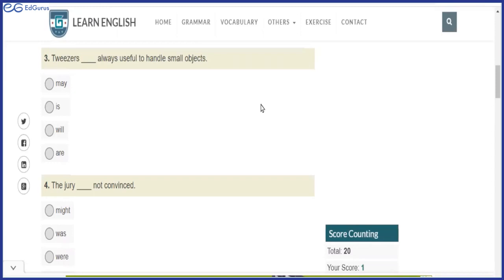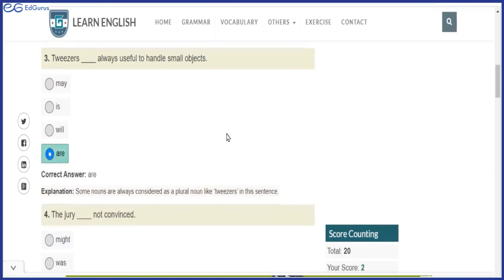Tweezers are always useful to handle small objects. Correct. One thing is tweezers is plural, and towards the end also it says small objects. So again, it confirms that it is plural, so plural verb has been used, right? Yes.